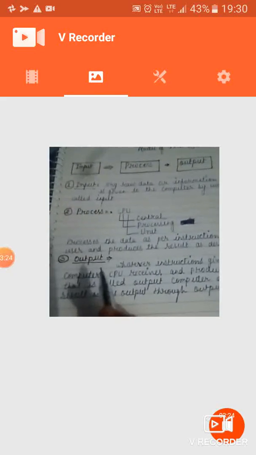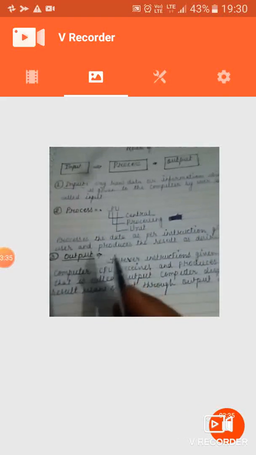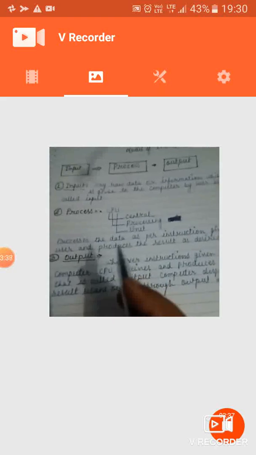Output means result. Whatever instruction is given by the user to the computer, the CPU takes the data, processes it and provides output.